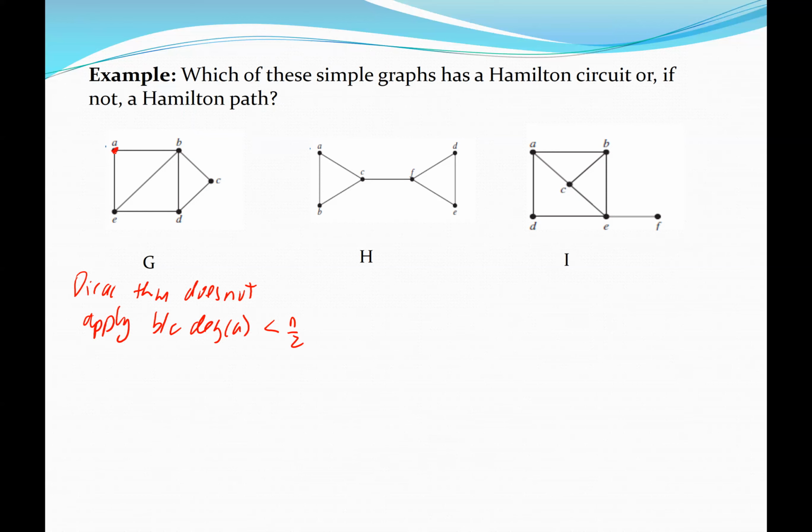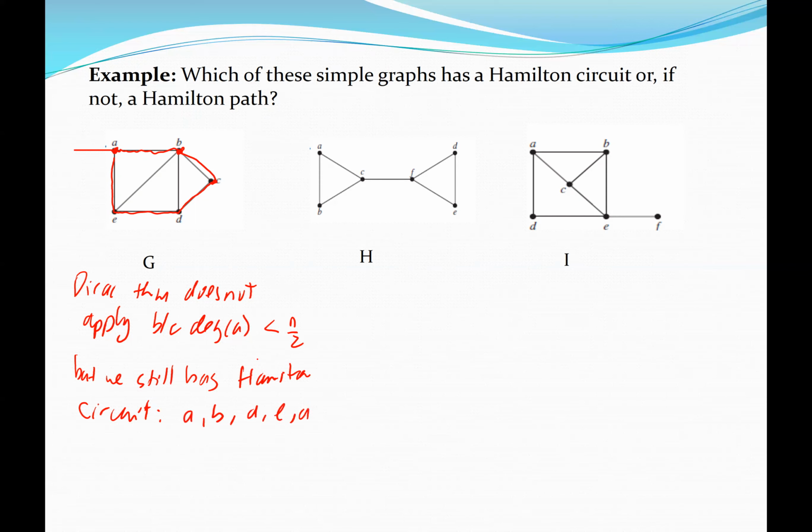So we start at A, we go to B, we go to C, we go to D, we go to E, we walk back to A. So we still have the Hamilton circuit. So A, B, C, D, A.